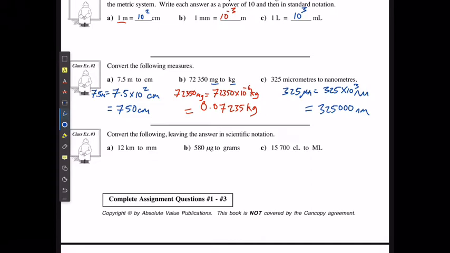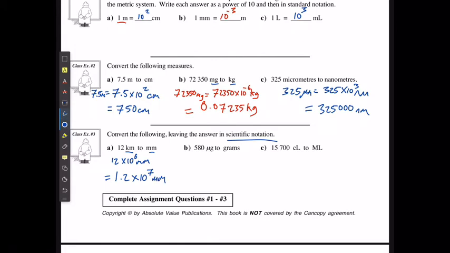If I want to convert the following, leaving the answers in scientific notation, well, then going from kilometers to millimeters, I would do 12 times 10 to the power of 6 millimeters, which in proper scientific notation would be 1.2 times 10 to the power of 7 millimeters.